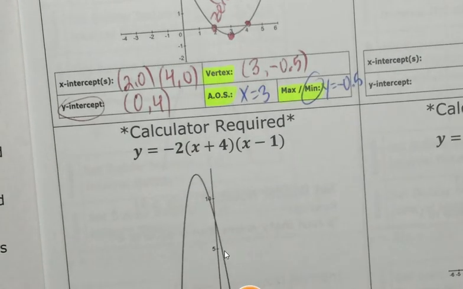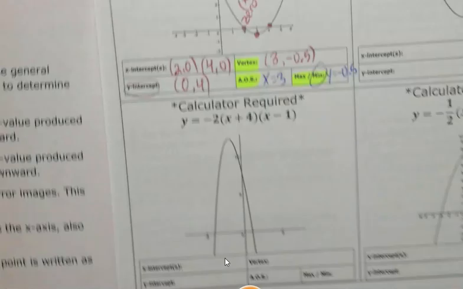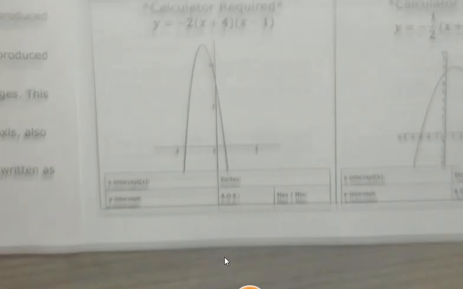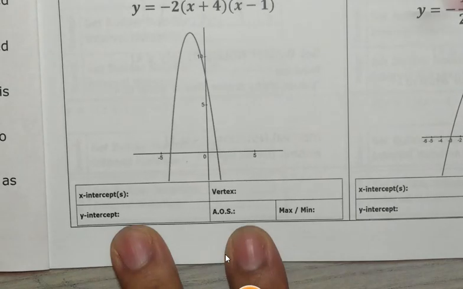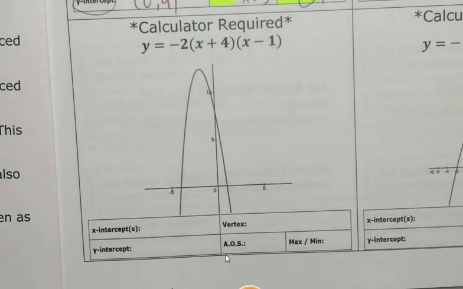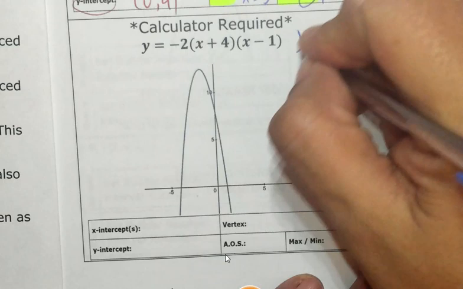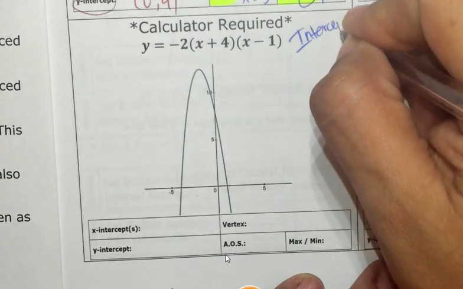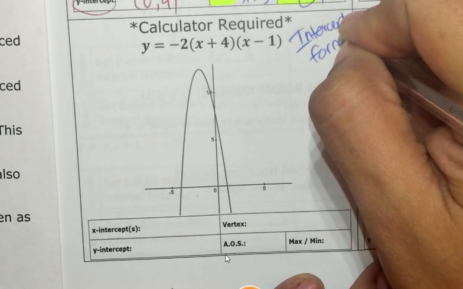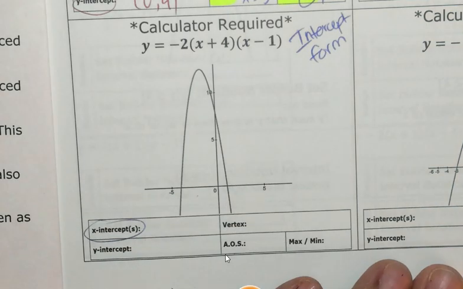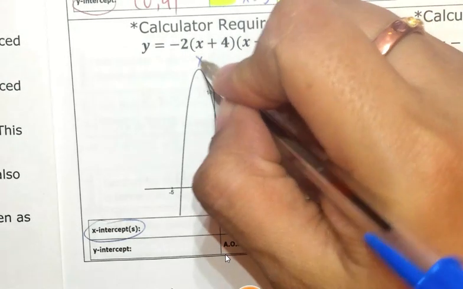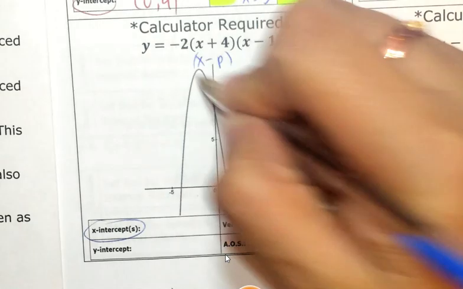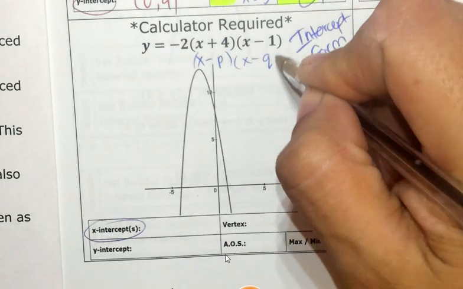The next one is given in intercept form. And when we analyze intercept form, we could find the x-intercepts. So it has to follow the form of x minus p, x minus q.